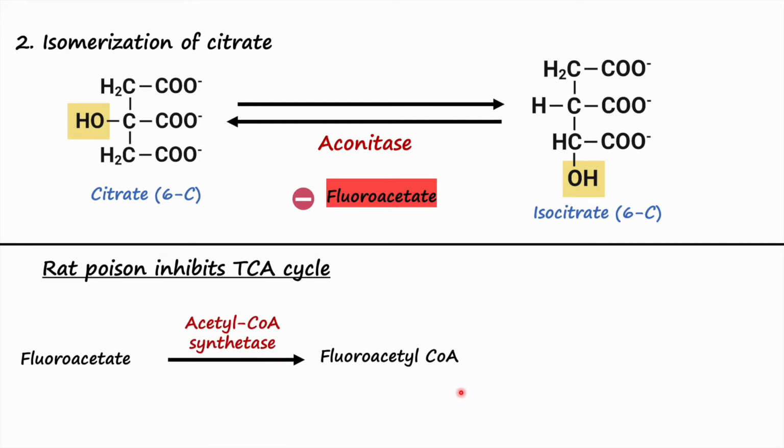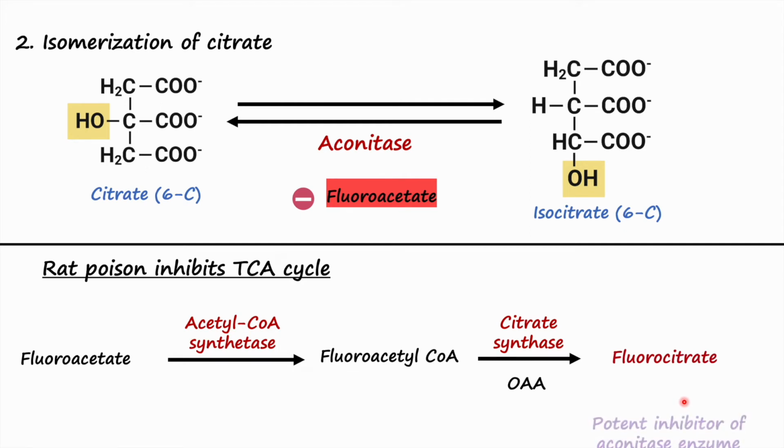And this fluoroacetyl coenzyme A product is a substrate for citrate synthase enzyme. So what citrate synthase enzyme does is it condenses fluoroacetyl coenzyme A with oxaloacetate to form fluorocitrate. This fluorocitrate is an analog of citrate and is a competitive inhibitor of aconitase enzyme.